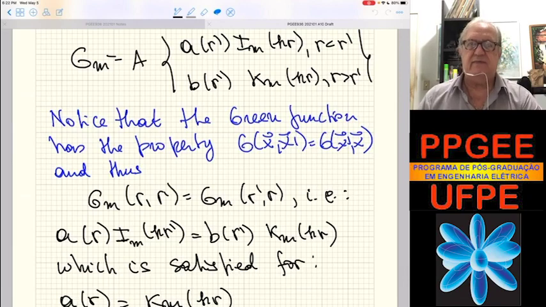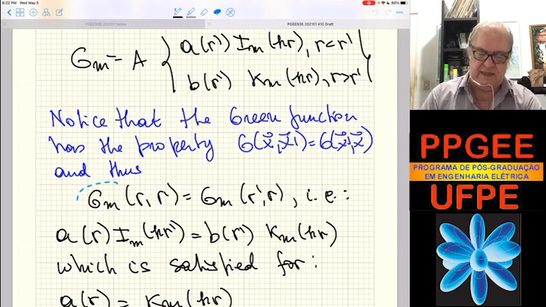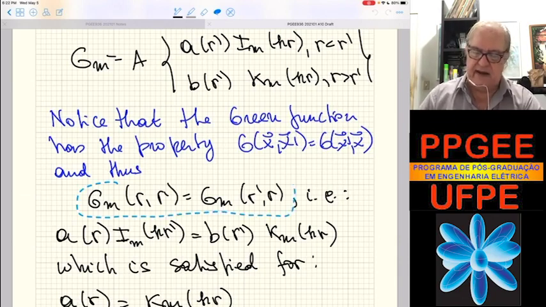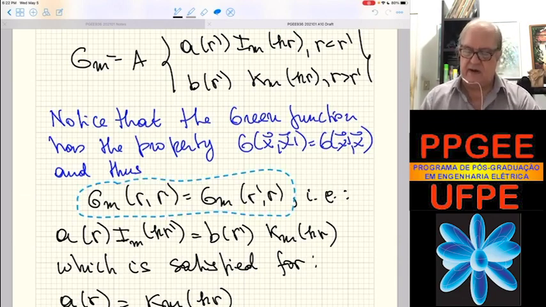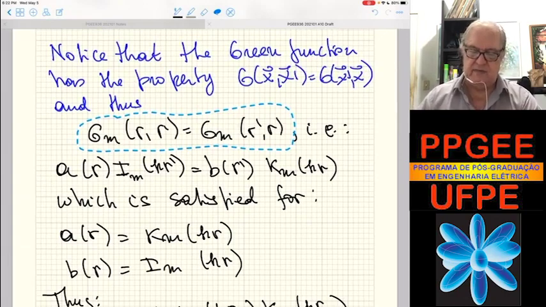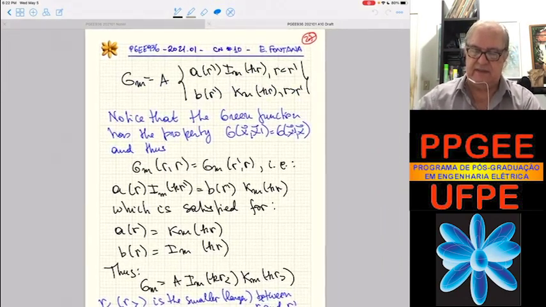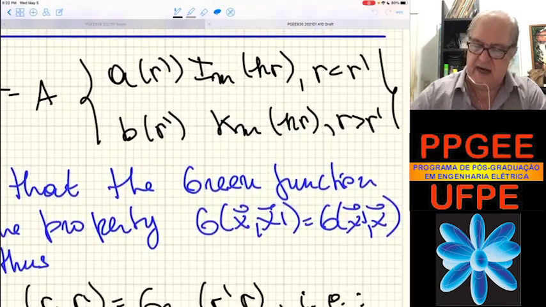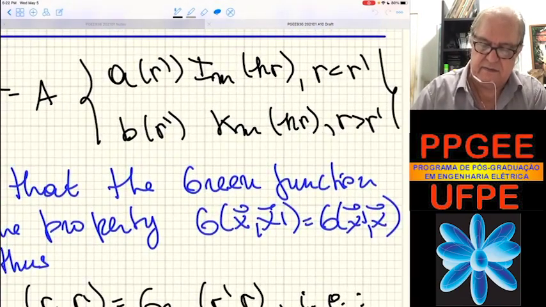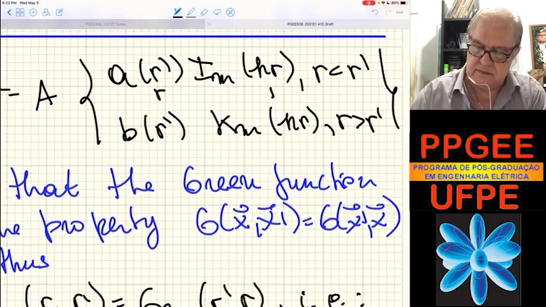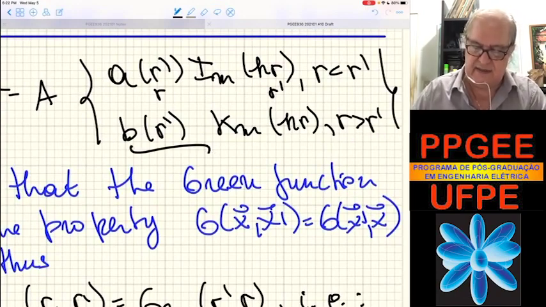The inverse function has a magnitude which is independent of the order of x and x prime. So it means that Gm of r, r prime has to be Gm of r prime, r. If I change r into r prime here, I have to get this result here.